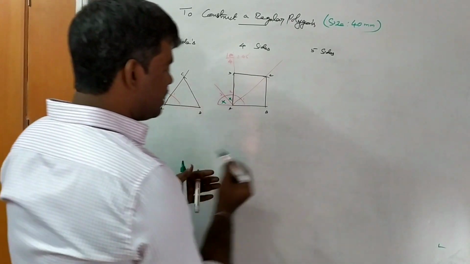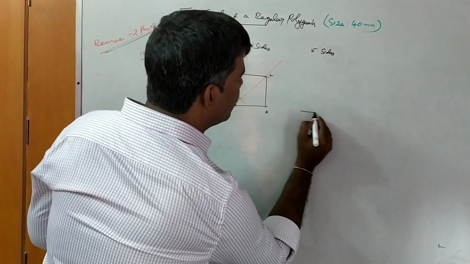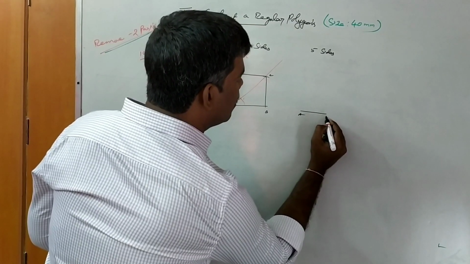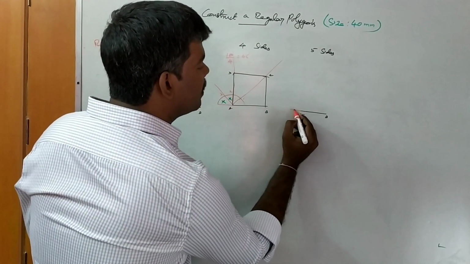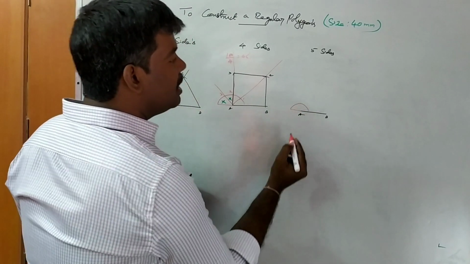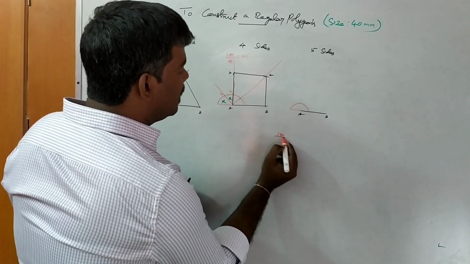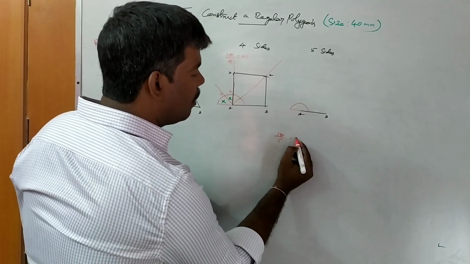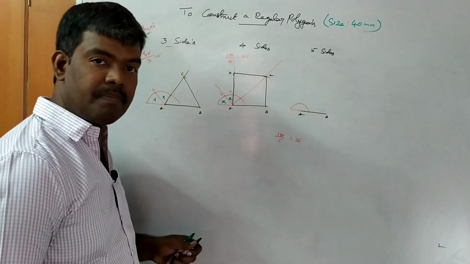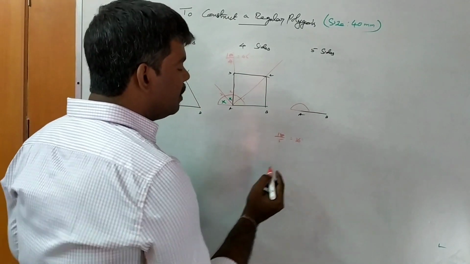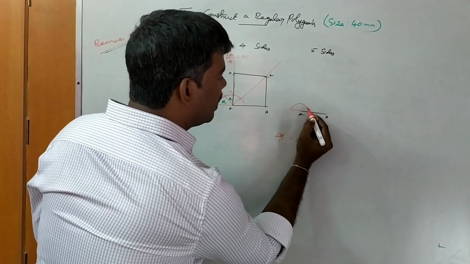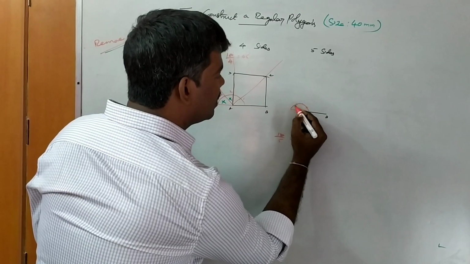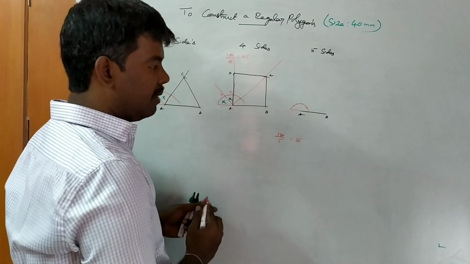Like 5 sides. AB of 40 size, same. Your x radius. So 180 degrees divided by 5. How much? 36. Clear? So 5 equal parts: part 1, part 2, part 3, part 4, 5. Clear?